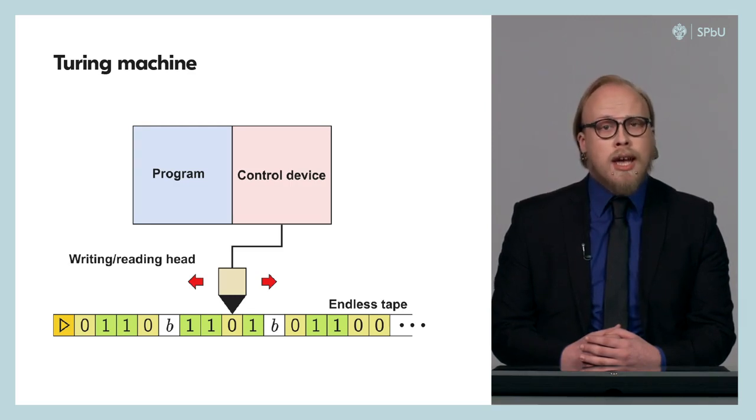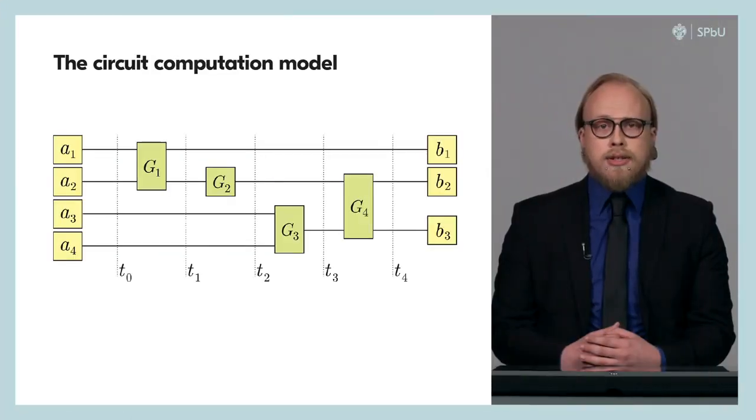However, in practice, an equivalent circuit model, or in other words, switching circuits, is often used as equivalent to the Turing machine. Unlike the Turing machine, the circuit model is no longer infinite. This model is especially good and clear when we want to compare classical and quantum logical operations. This slide shows such a circuit.